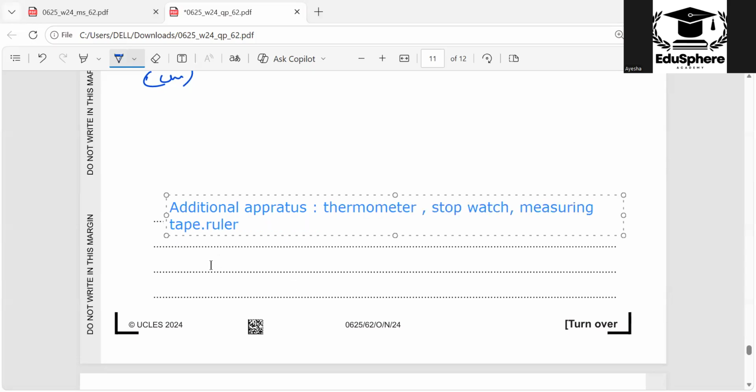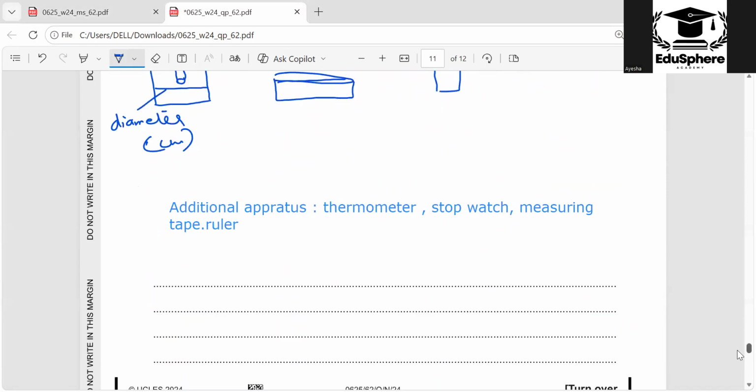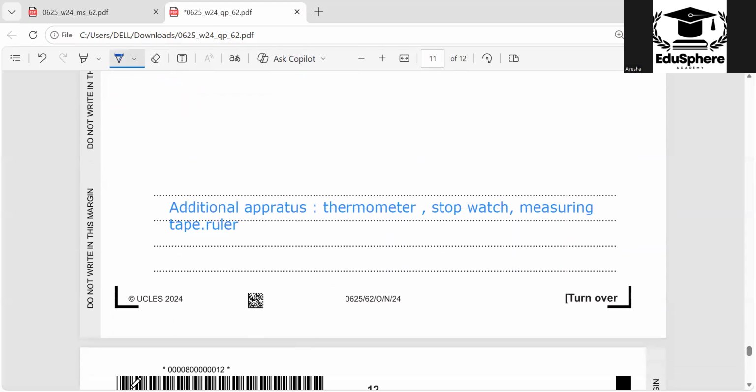Next, we would like to know the answer for the variables that we need to keep constant, like which things should be kept constant. Okay, so the things that should be kept constant are the volume of water. Volume of water should be the same for all the beakers. Constant volume of water, all the beakers should have the same.